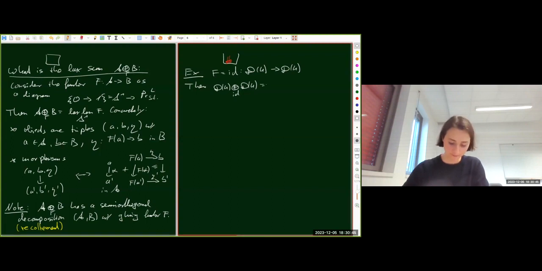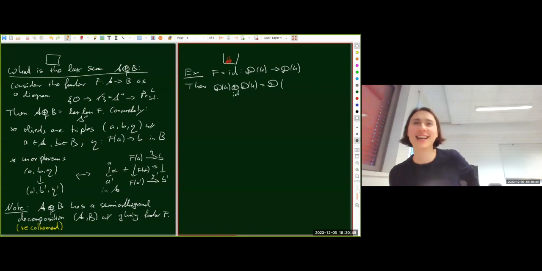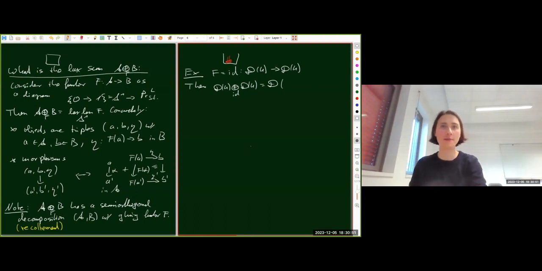This will just be the derived category of, well, so what is it? We have two elements, A and B. So A would be in the derived category of K, B would be in the derived category of K. And then we have a morphism from, well, f of A, which is just A, to B. So what we're having is two elements in the derived category of K plus a morphism from one to the other.